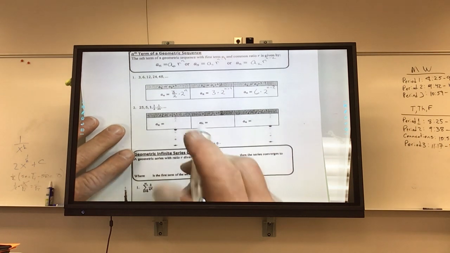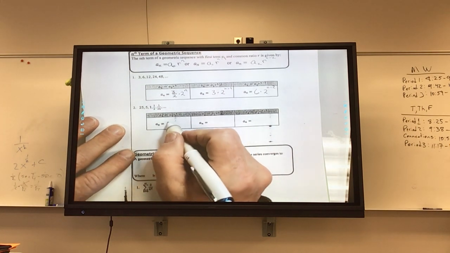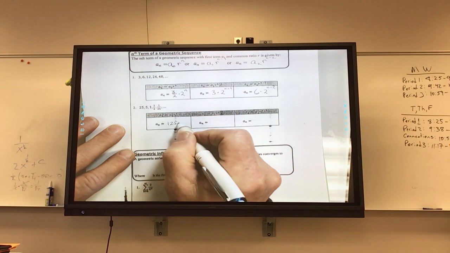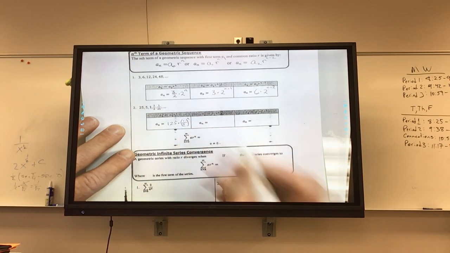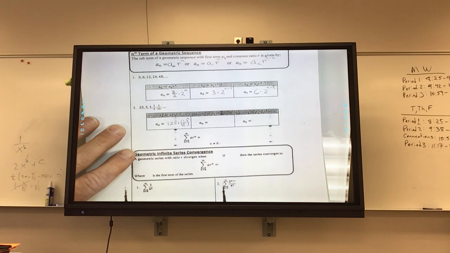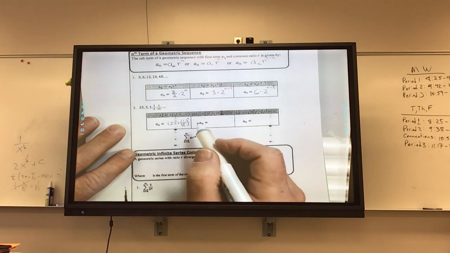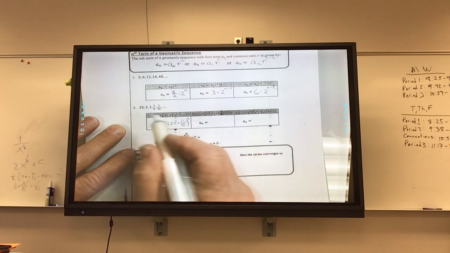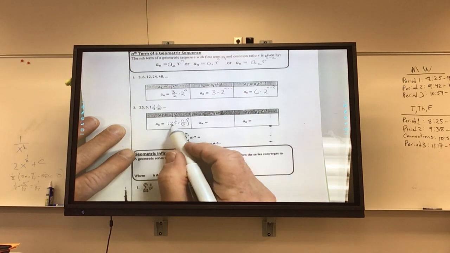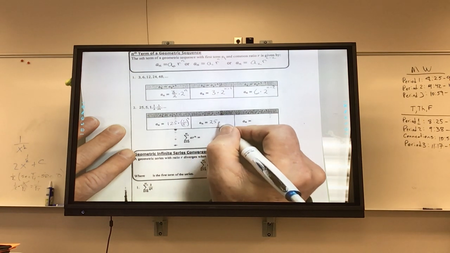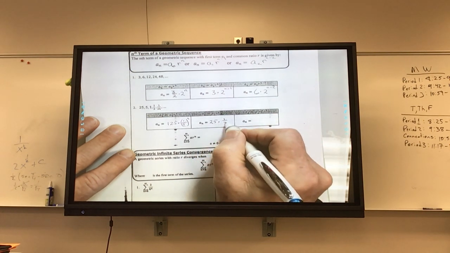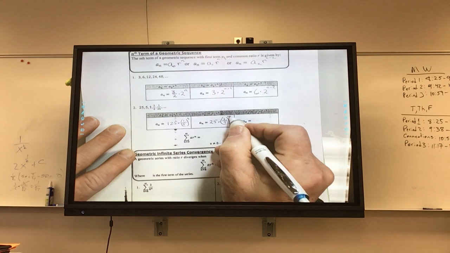So here's another form. I could have 125 times 1/5 to the n. So if I put a 1 in here, I would get 25, because I'd have 125 divided by 5. I could have 25 times 1/5 to the n minus 1.